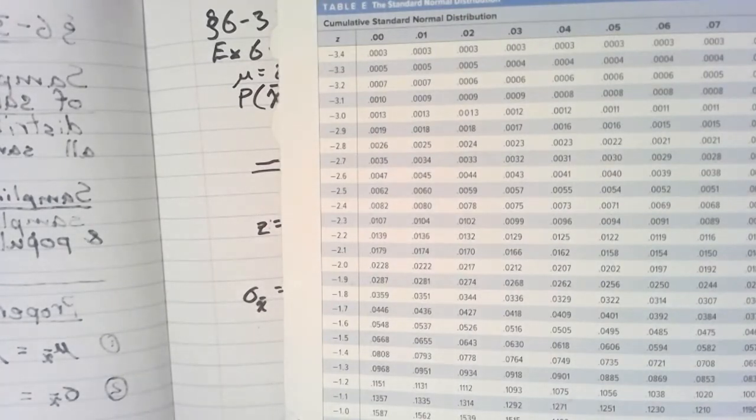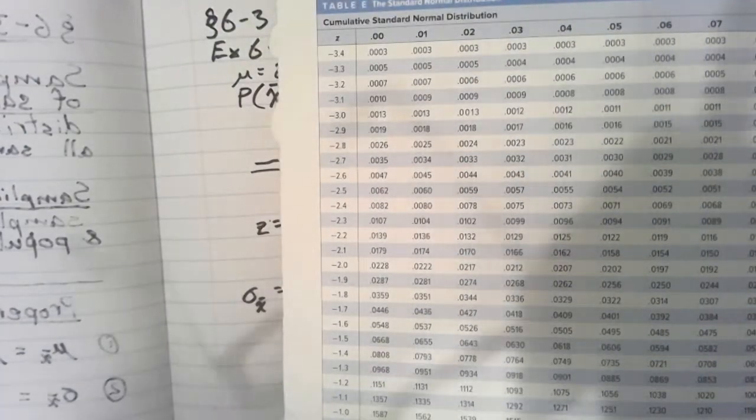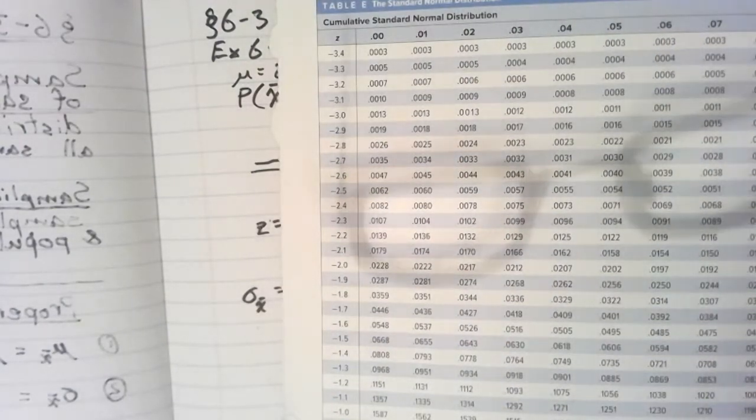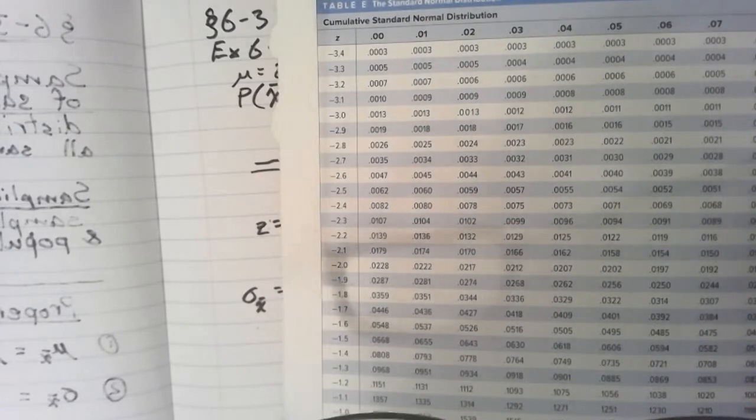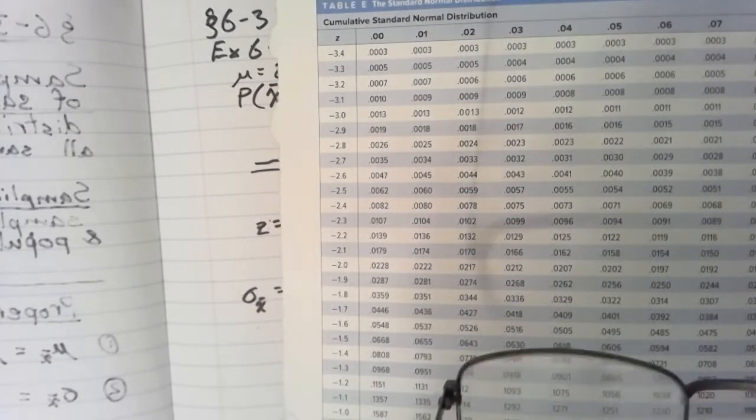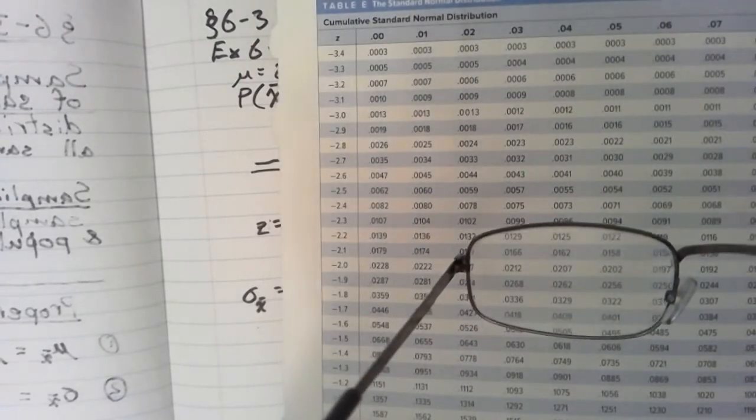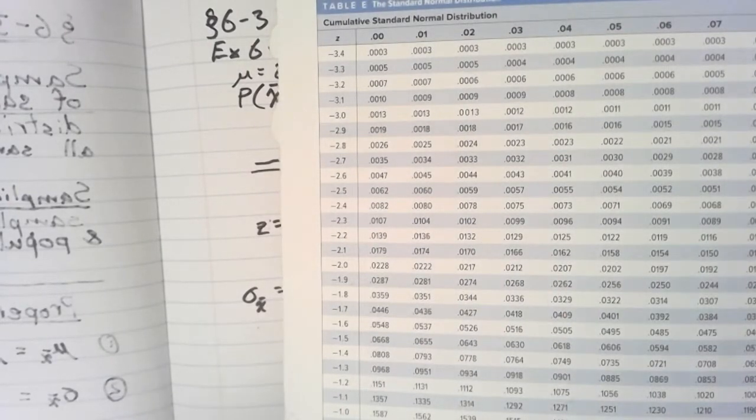Okay, so I've located my glasses and found the appropriate focal distance for this. So I'm looking at 1.94, and there it is. We see 2.62%.